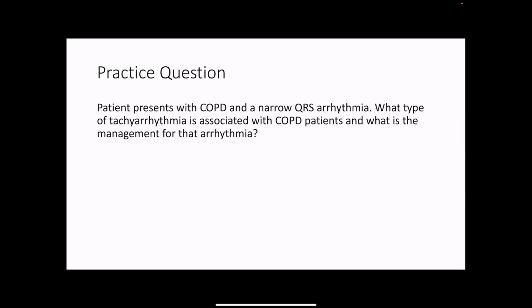Practice question. Patient presents with COPD and a narrow QRS arrhythmia. What type of tachyarrhythmia is associated with COPD patients and what is the management for that arrhythmia? Do you remember which one is associated with lung problems? Multifocal.